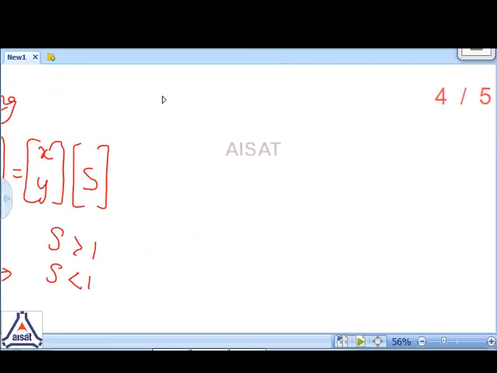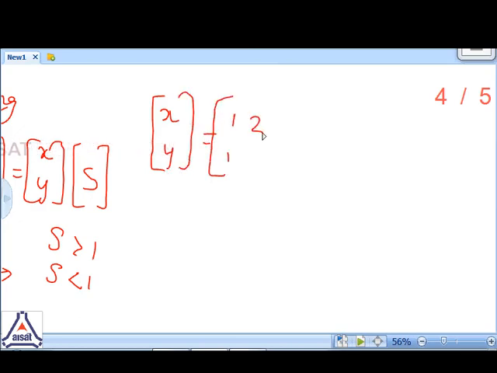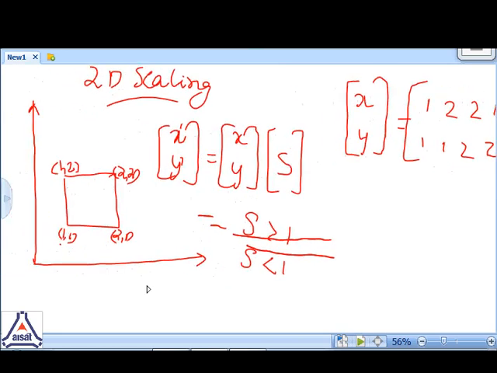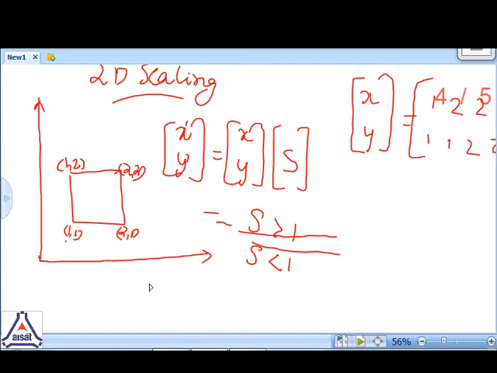So our xy matrix is 1 1, 2 1, 2 2, 1 2. I am going to enlarge this diagram.